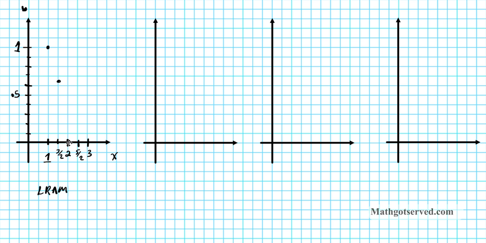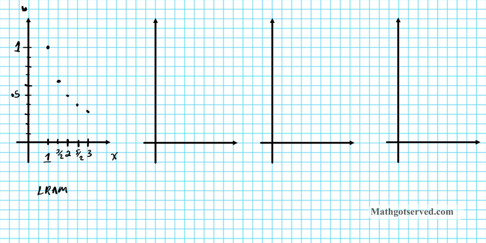f of 2 is 1/2, which is 0.5. f of 5 over 2 is 0.4. 1, 2, 3, 4. And then the reciprocal of 3 is 0.33 repeating. So 1, 2, 3, this is 0.3. f of 3 is going to be somewhere here.